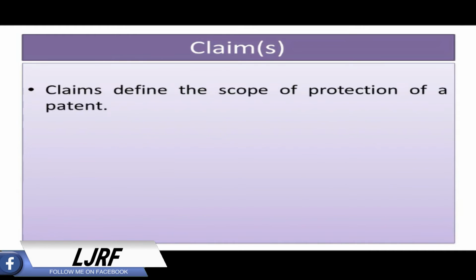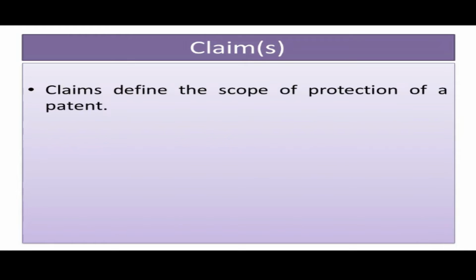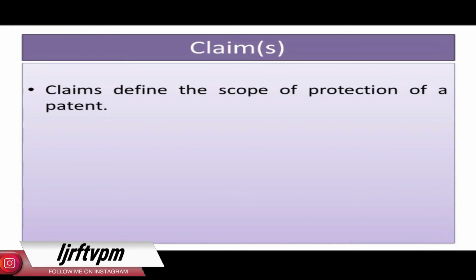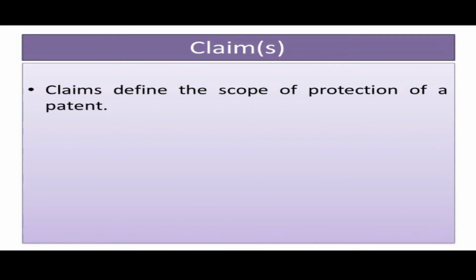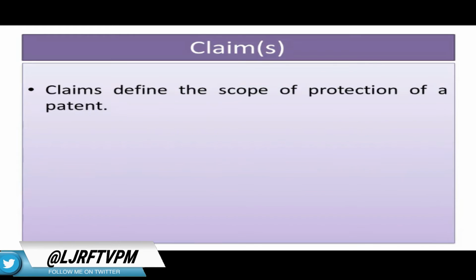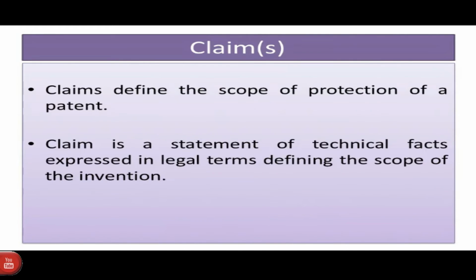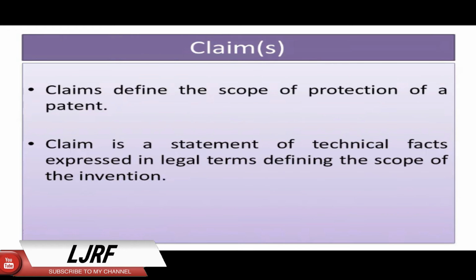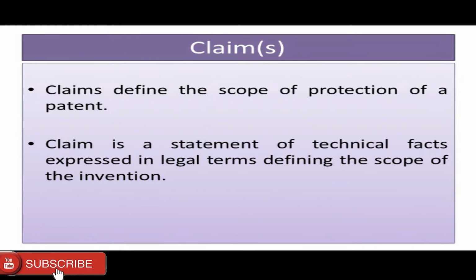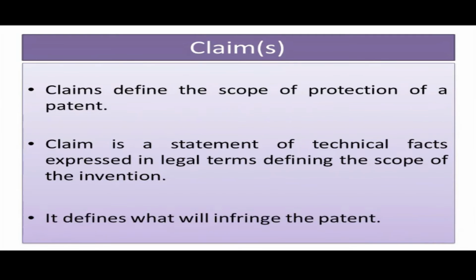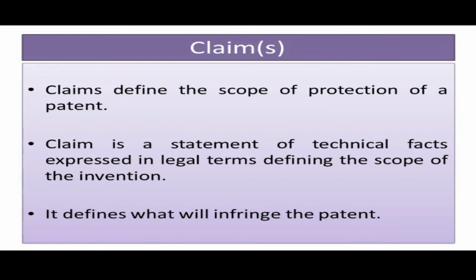Interpretation of claims would become an important part, because the nature of patent and the extent of patent is determined by looking at the claims. A claim is a statement of technical facts expressed in legal terms, defining the scope of the invention. As I said, it's a techno-legal document defining the scope of the invention, and it defines what will infringe the patent.